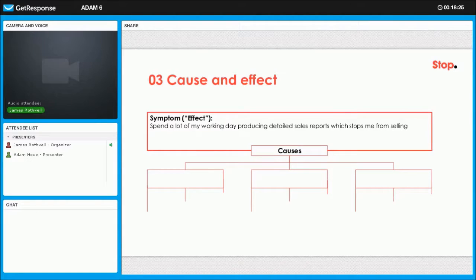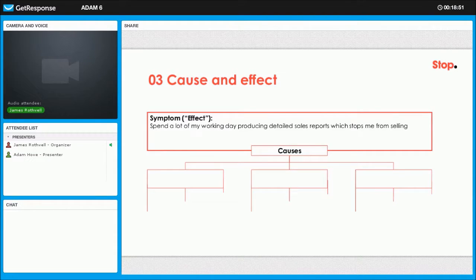We then move on to step 3, and this is a cause and effect model which many people would have seen. Anybody working in continuous improvement or consulting or Lean or Six Sigma or Kaizen would have come across something like this. What we're trying to do here is get to the cause of the causes. What's actually driving the symptom and what is actually driving that?